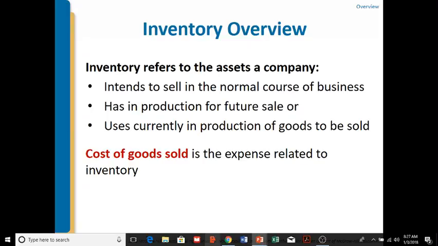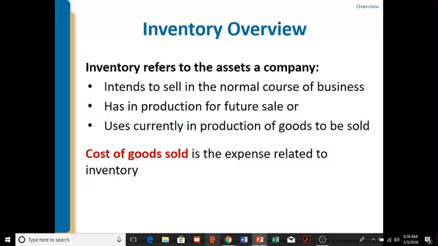So inventory refers to the assets a company intends to sell in the normal course of business, has in production for future sale, or uses currently in production of goods to be sold.